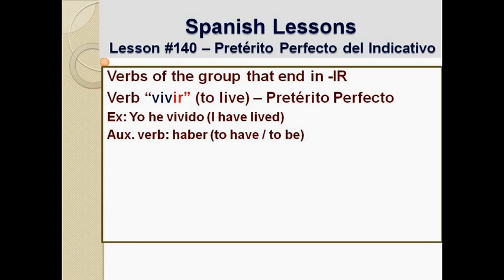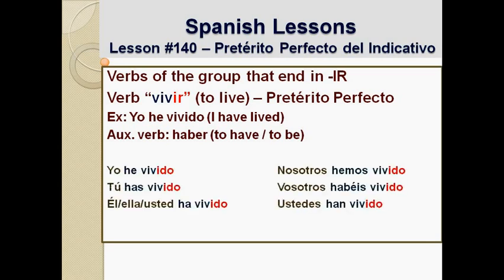We are still using the auxiliary verb haber. So we say, yo he vivido. Tú has vivido. Él or ella or usted ha vivido. Nosotros hemos vivido. Vosotros habéis vivido. Ustedes han vivido. Ellos han vivido.